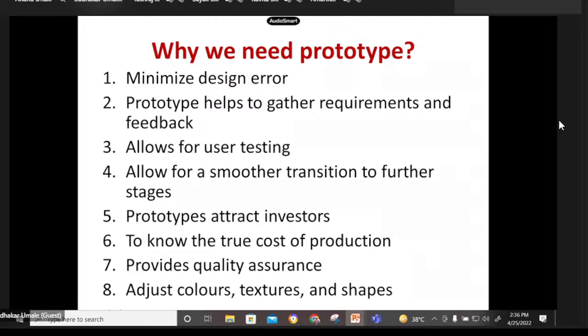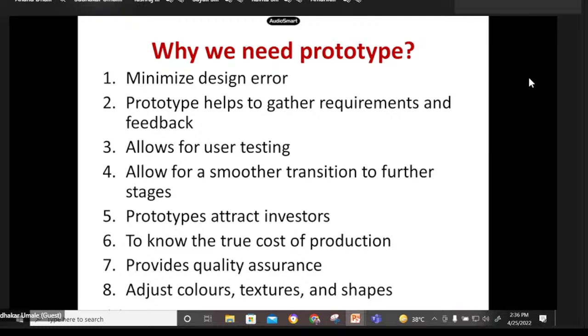It allows for user testing. User means a customer. Customers test this type of prototype. We get the feedback and make the final product later on. It allows for a smoother transition to further stages. If there are minor changes, we can change them.